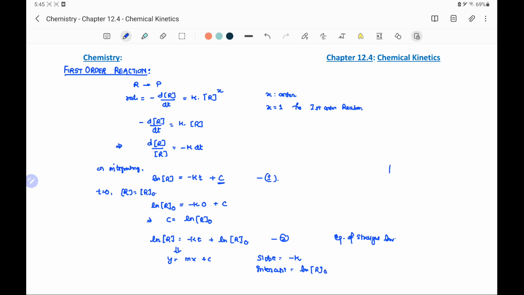So if we draw the graph between time on the x axis and ln R on the y axis, then the intercept on the y axis will be at a point with value ln R0, and it has a negative slope. Slope is equal to minus k.